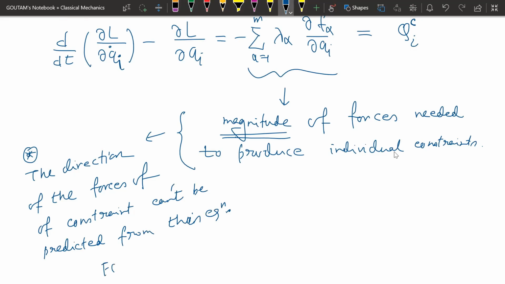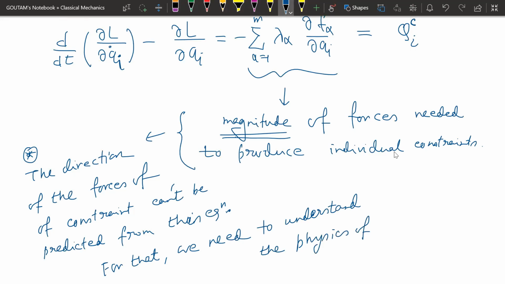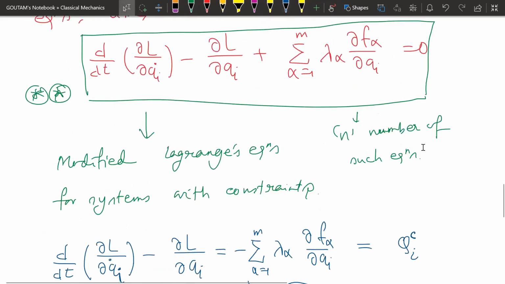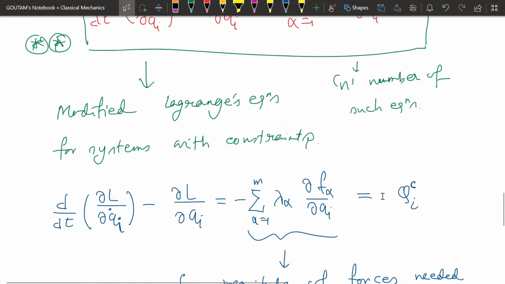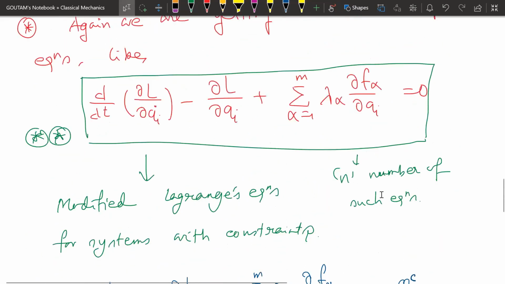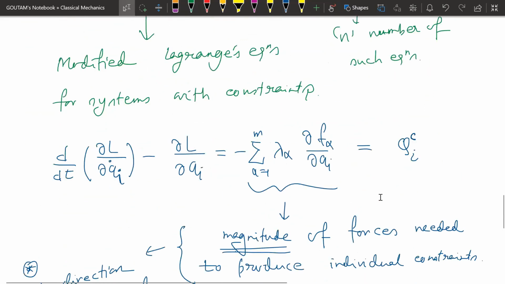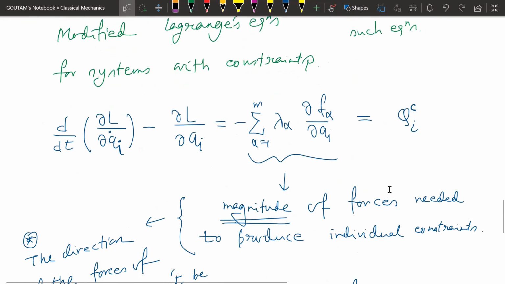For that, we need to understand the physics of the problem. So this is how we can treat systems with constraints in the framework of our Lagrangian. And we can also get the forces due to the constraints.